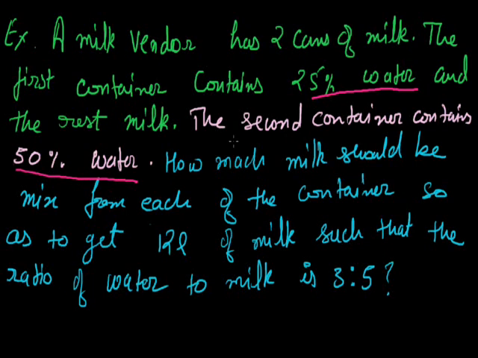Now he has to mix both the solutions, the mixtures of milk, and prepare 12 liters of solution so that the ratio of water to milk is 3:5. That means the mixture prepared will have 3 parts water and 5 parts milk.